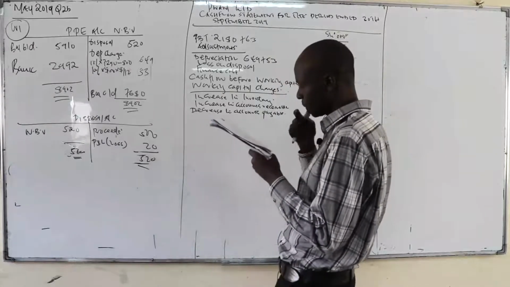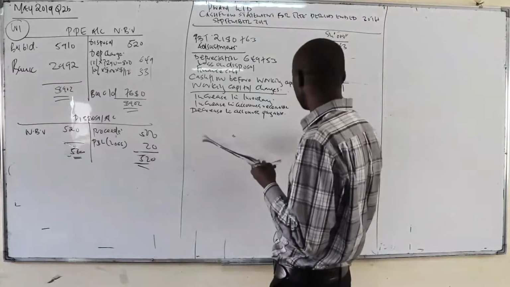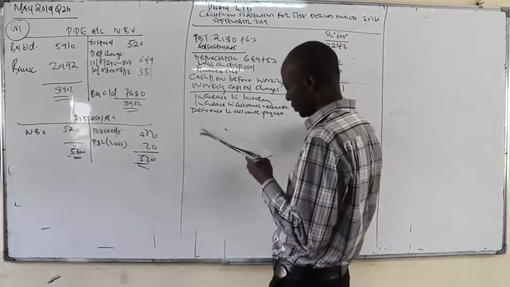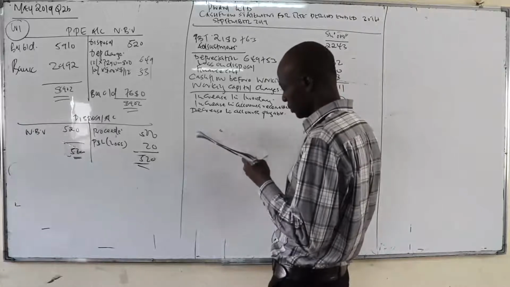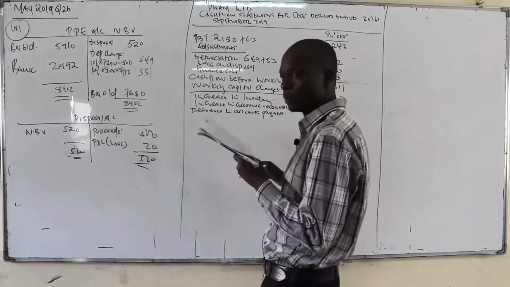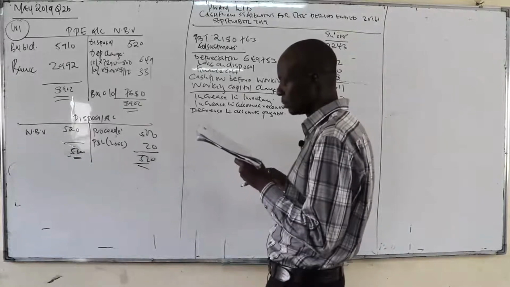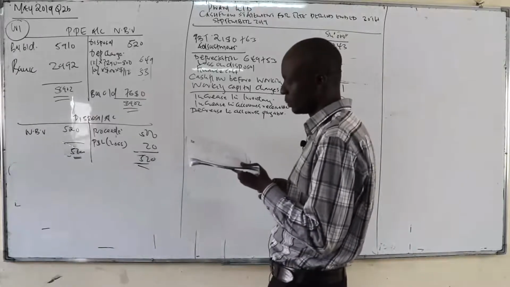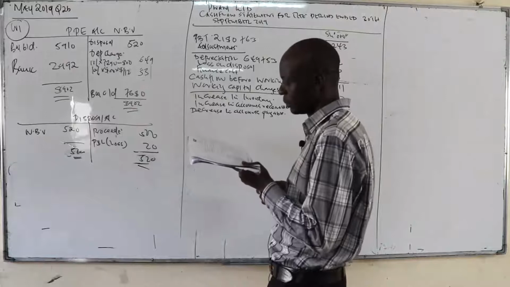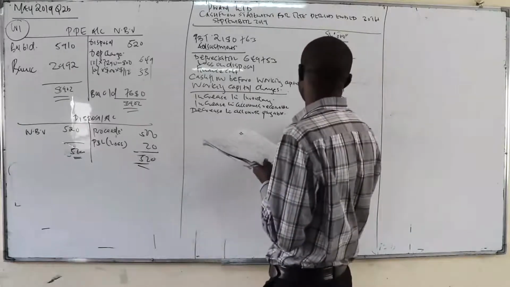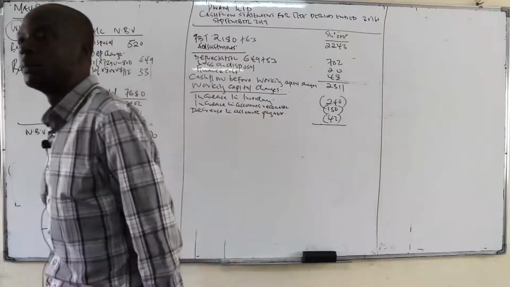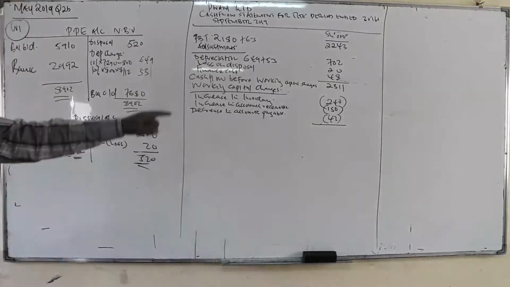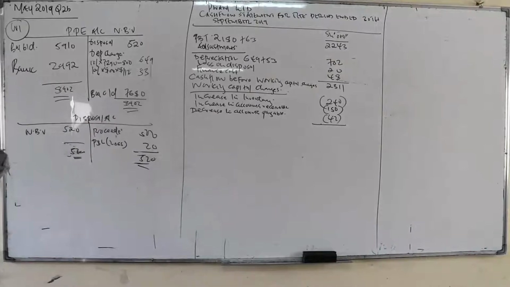Okay. Can we add all those: 2311 plus 240 minus 150?